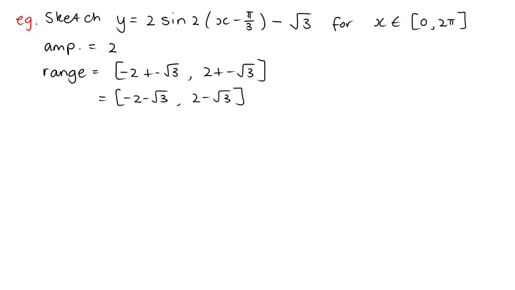Which, don't freak out, it's just a number. Root 3 is some decimal. Take that away from 2 and negative 2. You can do that as decimal, or you can estimate it. You don't need to know the exact position of it. What's the period? It's pi again, 2 pi on 2, which is pi.